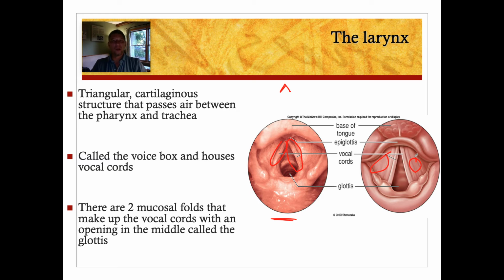If you really want to tighten your vocal cords, you can make words with a very high pitched voice, like Elmo is your friend. Or you can be a munchkin from The Wizard of Oz. On the other hand, if you let them relax and just kind of loosen up, you can make a very deep pitched sound.